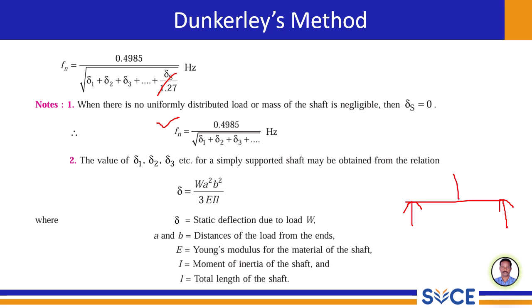The point load is somewhere away from the center. The distance from the left-hand side is A, and the remaining distance is B. The total length of the shaft is L.